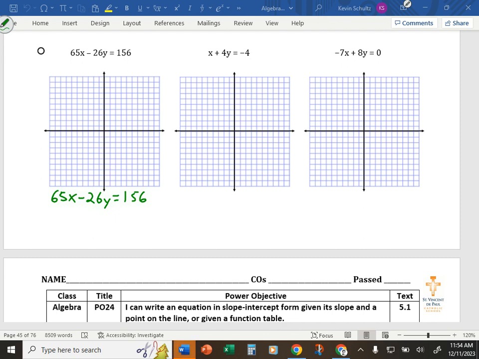So we have to move the 65x over. We do that by subtracting 65x from both sides. On the left side, they cancel out. We're left with negative 26y. Our x term is written first, so it's negative 65x, and our positive 156 comes second.